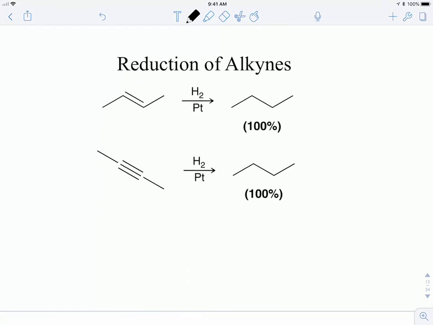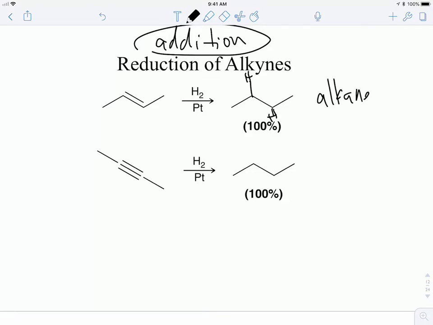So what kind of reactions do these alkynes undergo? They undergo addition reactions primarily. And one of the things that we talked about in the alkene chapter is addition of hydrogen. So if we hydrogenate this alkene in the presence of a platinum catalyst, we get 2 new hydrogens, 2 new sigma bonds, and we get an alkane out. Same thing happens when we hydrogenate an alkyne in the presence of a platinum catalyst.